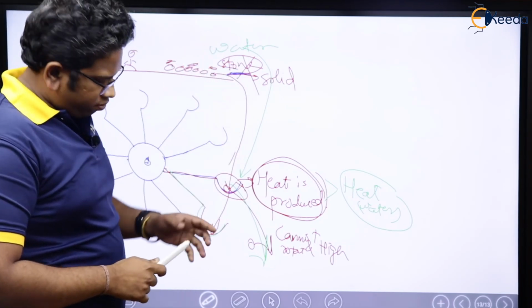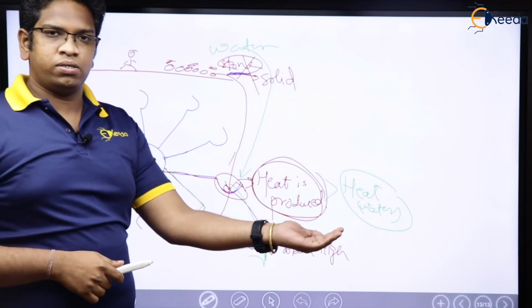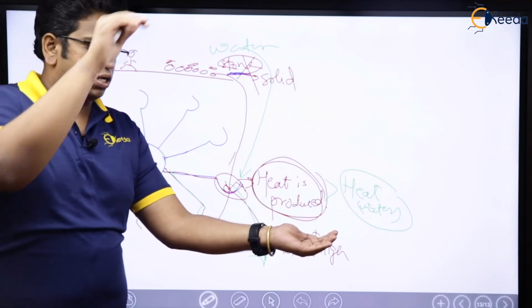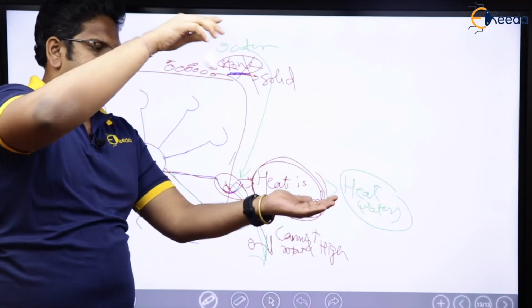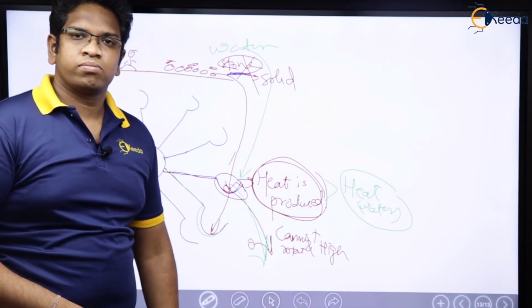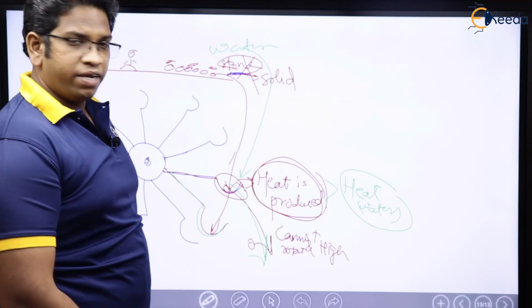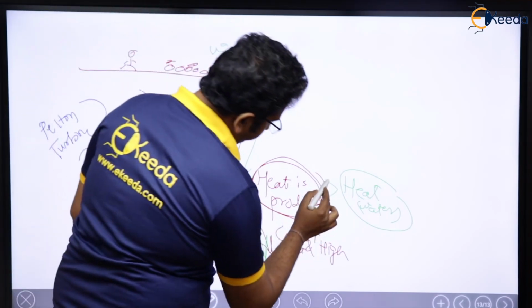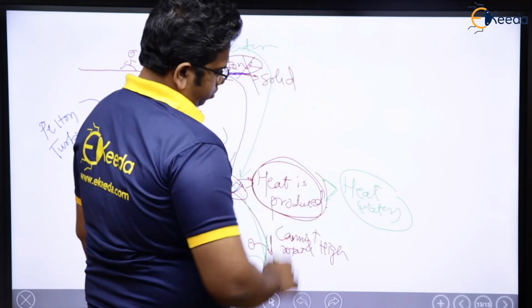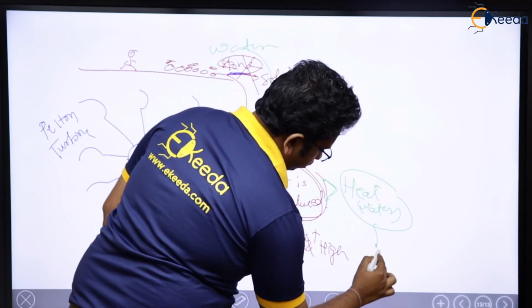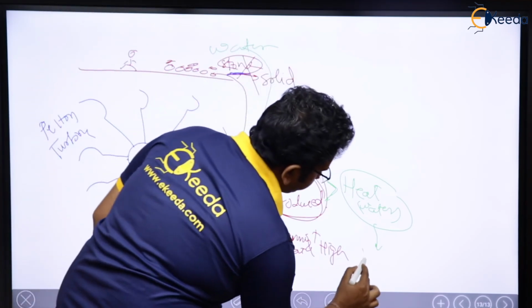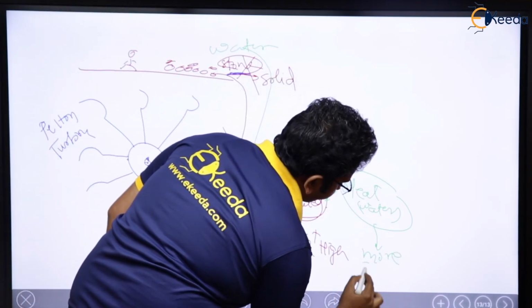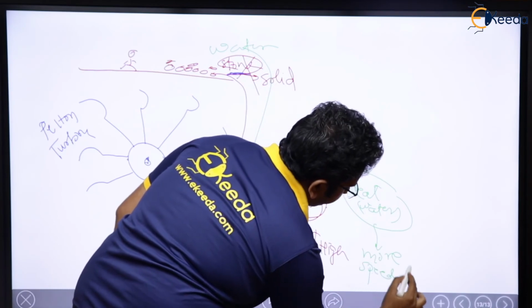This is the turbine blade. Water comes, water will go smoothly. When stone comes, heat will be produced. So here this is going to be less, better than this, which means more speed than stone. It can rotate at more speed than stone.